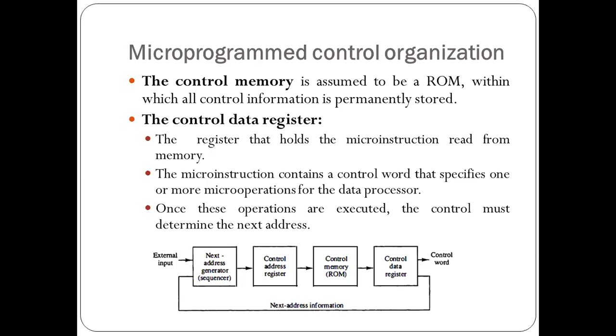To calculate it, a few of the bits in the control word itself are used for generating the next microinstruction address. These control inputs are used by the next address generator for generating the address of the next microinstruction in the control memory, because the next microinstruction may be sequential, or it may be somewhere in another portion of the control memory.